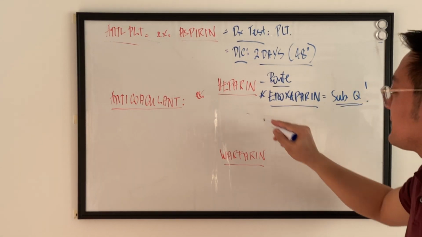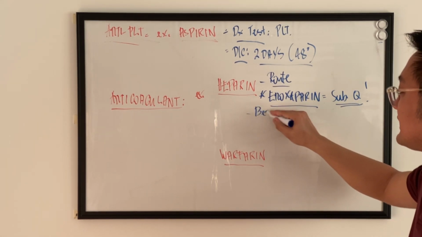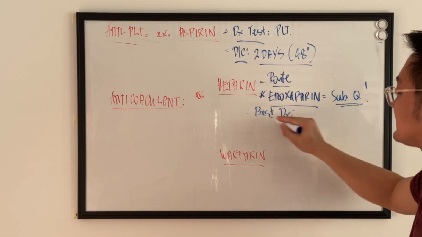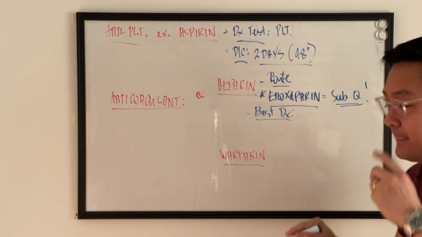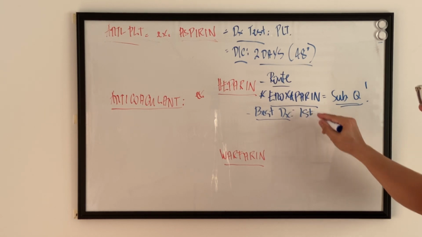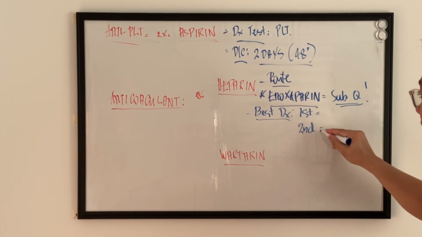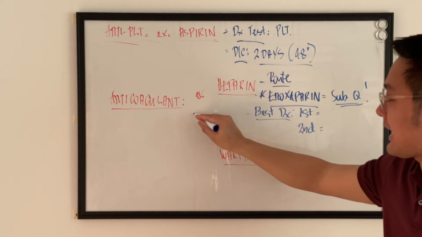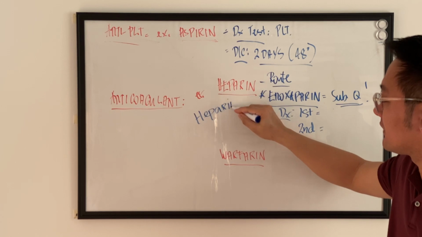Next, if your patient takes heparin, what do you think is the best diagnostic test that will evaluate the therapeutic level of your heparin? What do you think is the first answer in your exam and the second answer in your exam? Your technique: heparin starts with letter H, right?